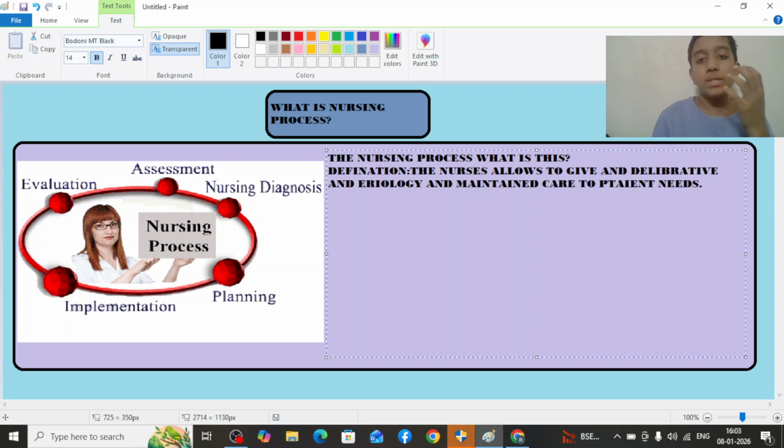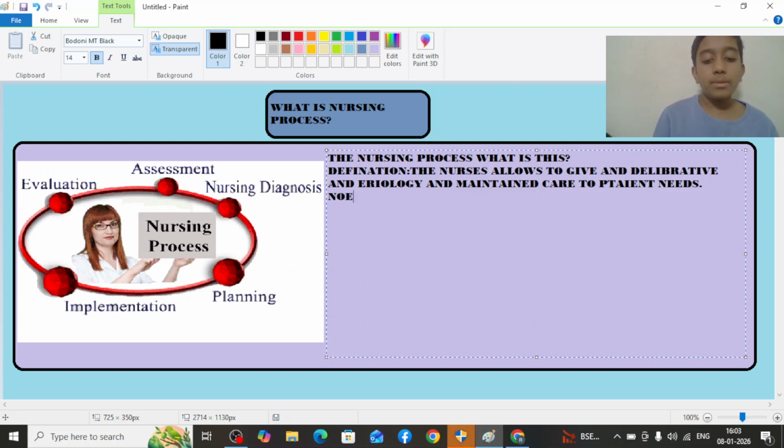What is the meaning of this definition? It means the nurses are the caretakers of the patient, they know the needs of the patients, and they give deliberative, etiologic and maintained care to the patient's needs. So this is the definition of our nursing process.